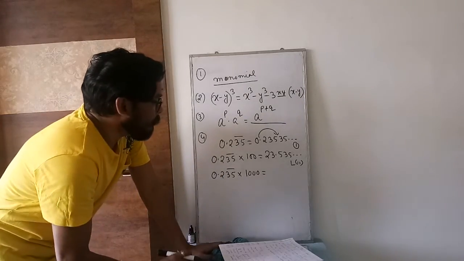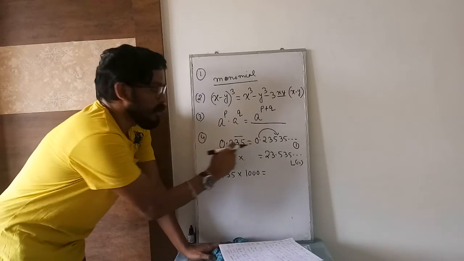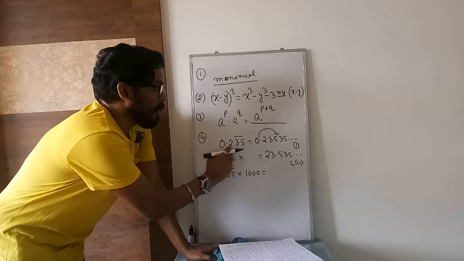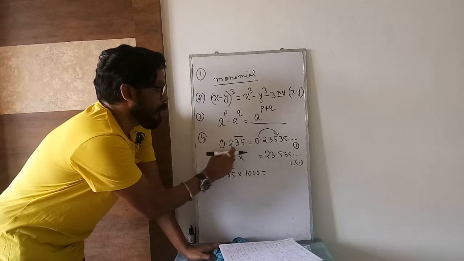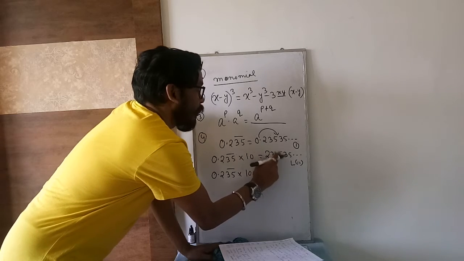Another mistake was done here. In the decimal part there are 3 digits, but the bar is above 2 digits, so one digit is missing. So I have to multiply by 10, not 100.